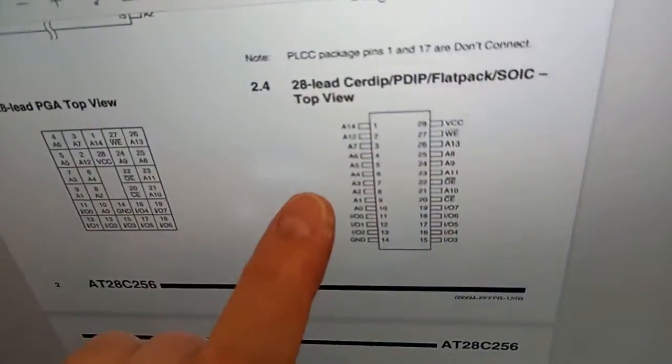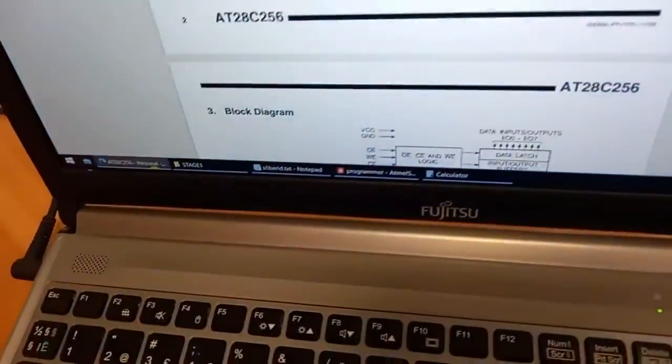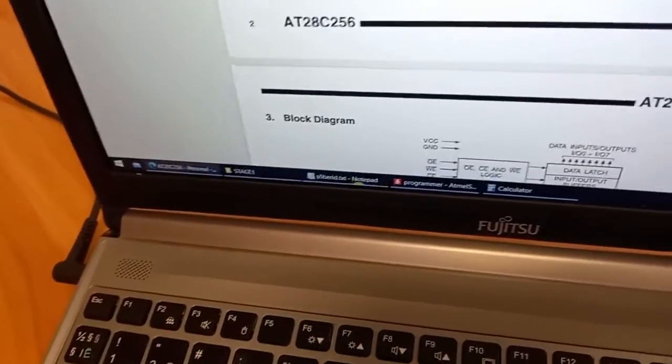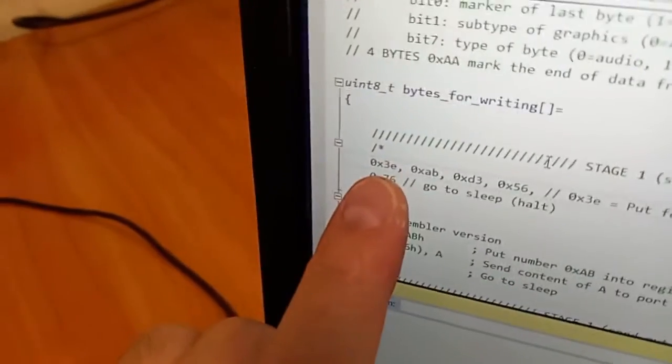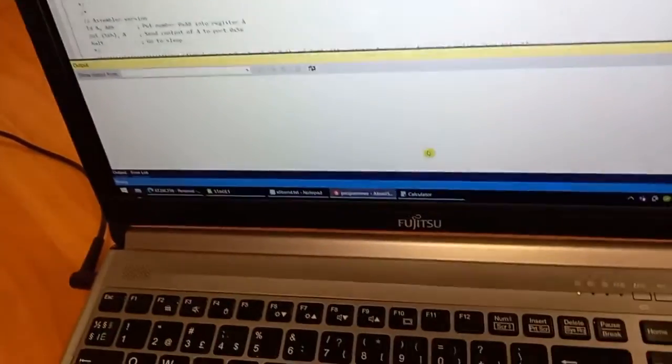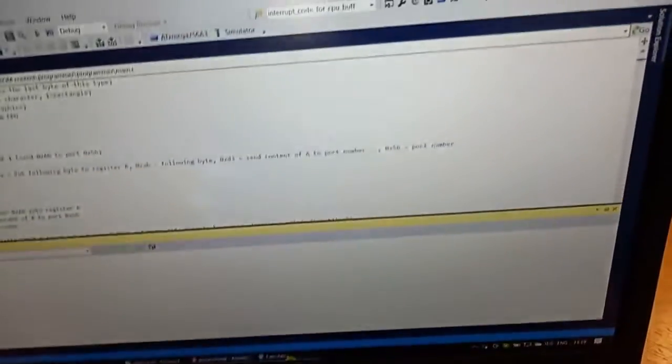Actually, let's write here, to save the time. We will write here 3E, and what this 3E looks like.